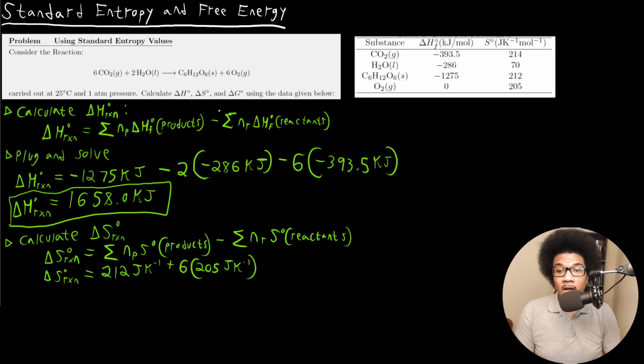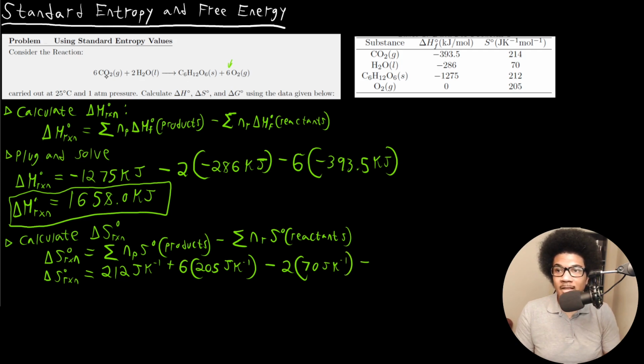So that 6, again, comes from the balanced chemical equation. We have a 6 out front of the oxygen, so that is going to come down into this equation. Okay, so minus our reactants. For water, we have 2 times 70 joules per Kelvin.